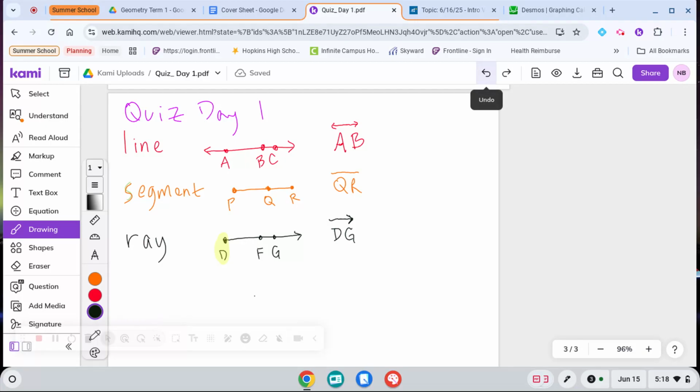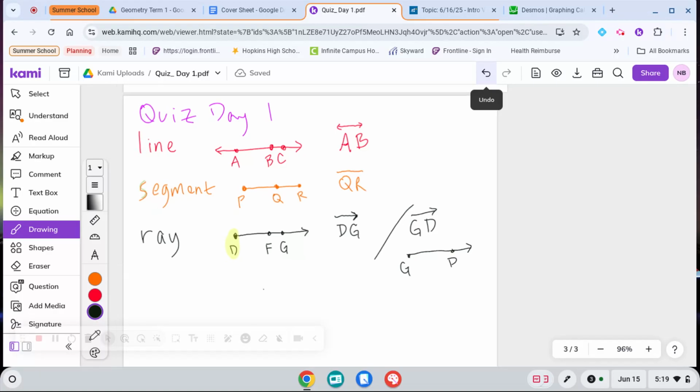If we wrote it like this, for example, what that would be a picture of is G on the end and then shooting through D. I say shooting through because I think of it like a bow and arrow.